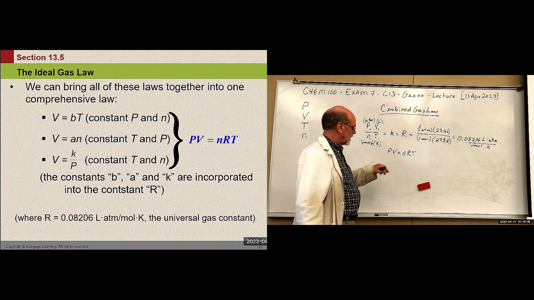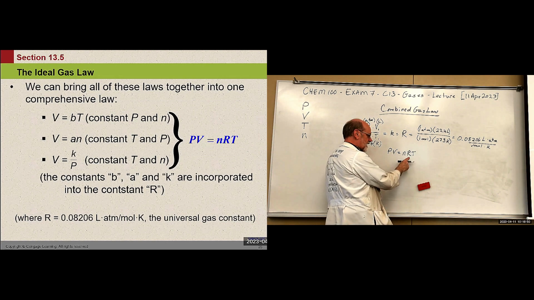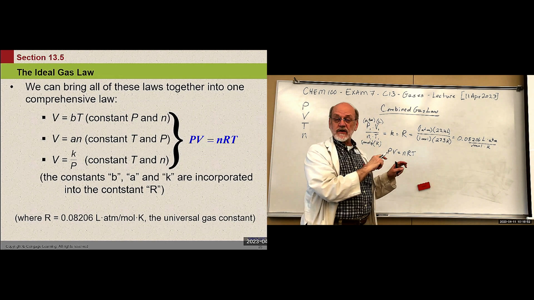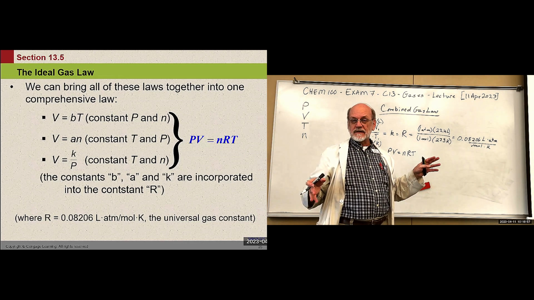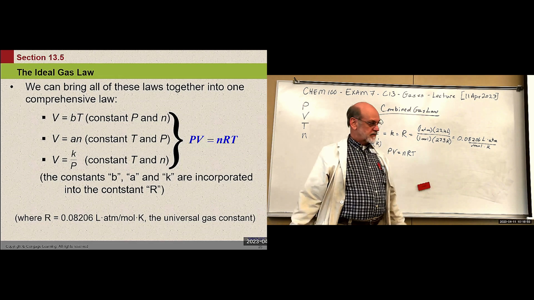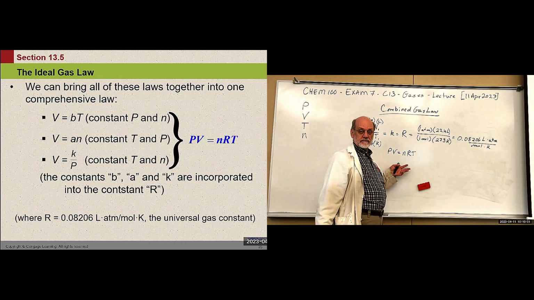That's the way you'll see it. So if this is constant, and you know any 3 of those other values, it doesn't matter how they got there, you can calculate the unknown.